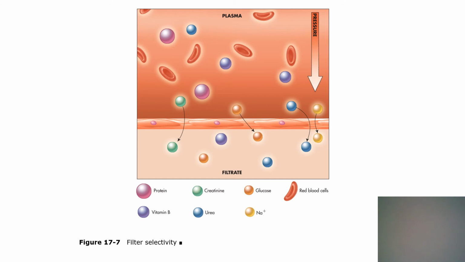So creatinine, glucose, sodium, these particles, a little bit of urea maybe, even go back in as filtrate. Now, if you notice, we have red blood cells here, and you notice they're not going through this filter, okay? And so they're not supposed to.